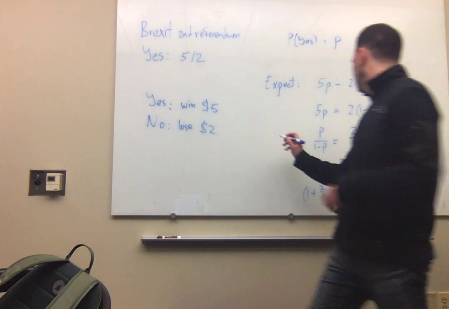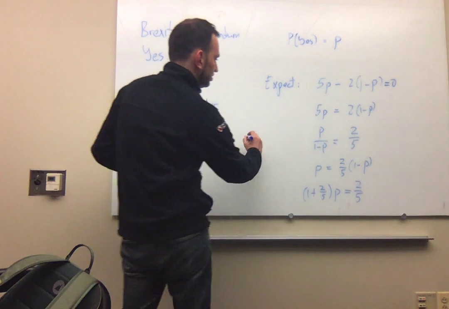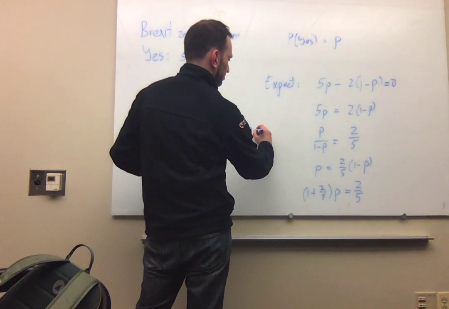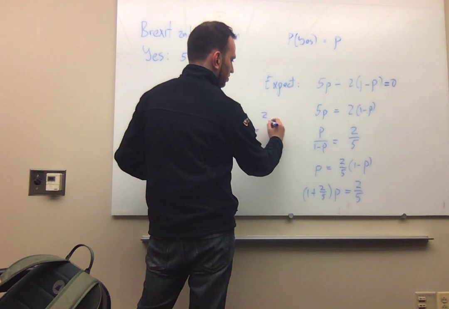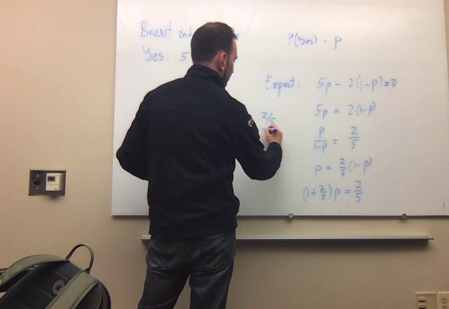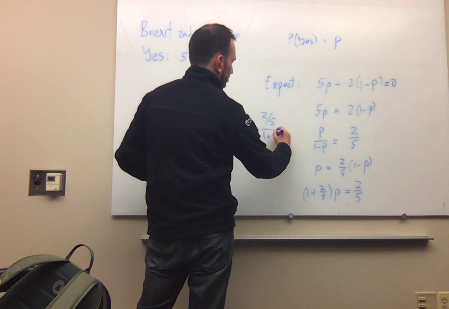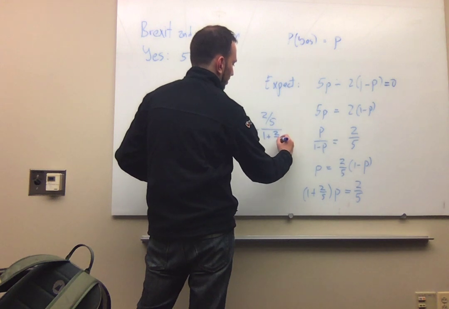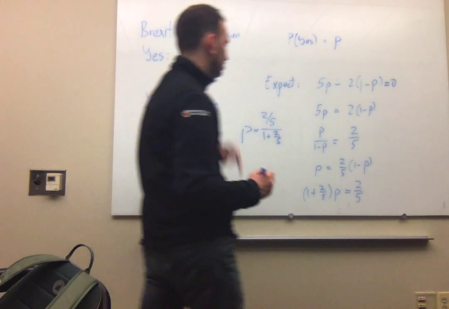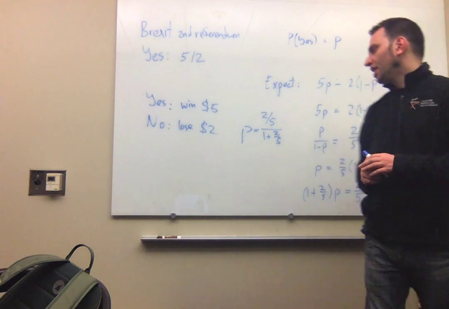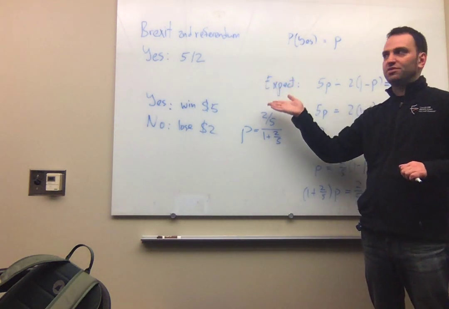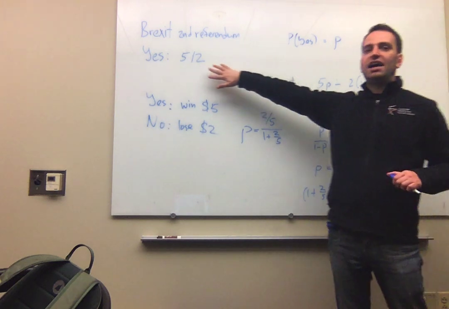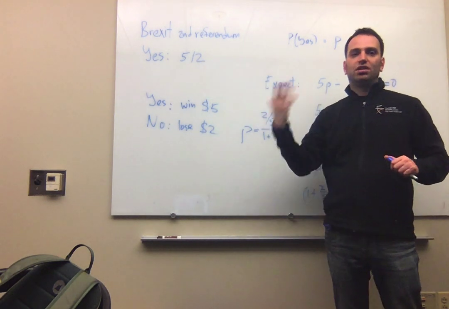And what that means is that P is equal to 2/5 divided by 1 plus 2/5. Okay, and you can work out what that is. And this is the implied probability of the Brexit referendum happening, assuming that 5 to 2 are fair odds.